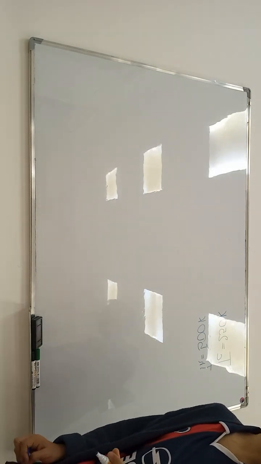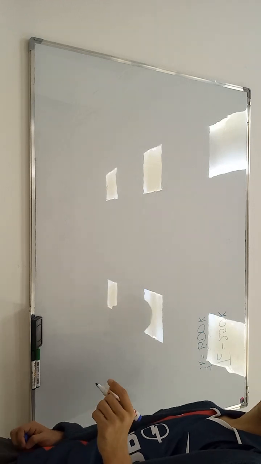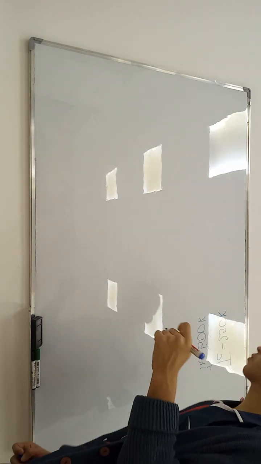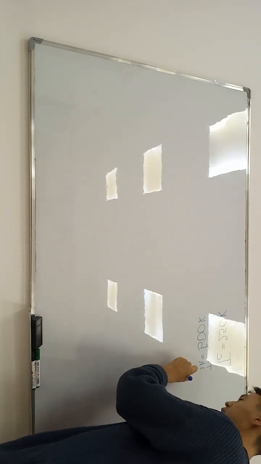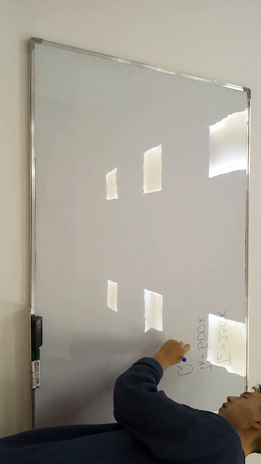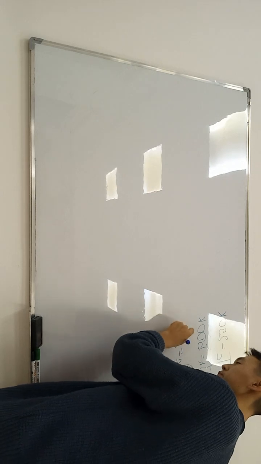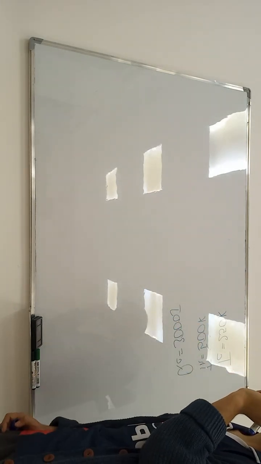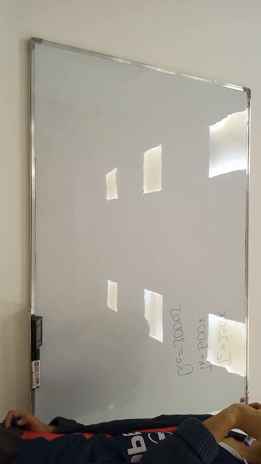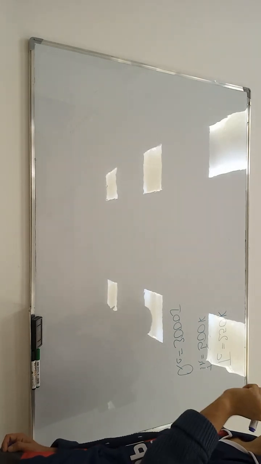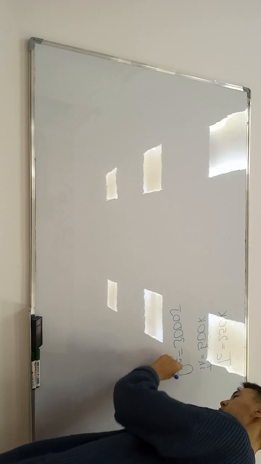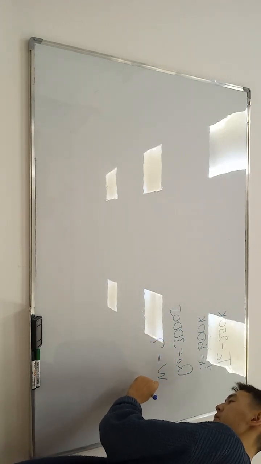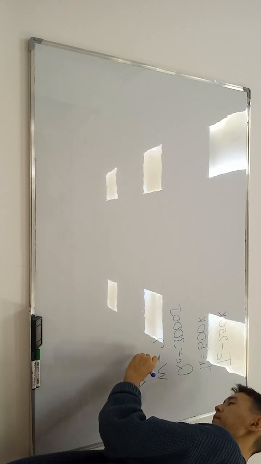The refrigerator is required to remove 3000 joules from the low temperature reservoir, which means Q cold is 3000 joules. And we need to find the amount of work done by the refrigerator, the work, and the total entropy.